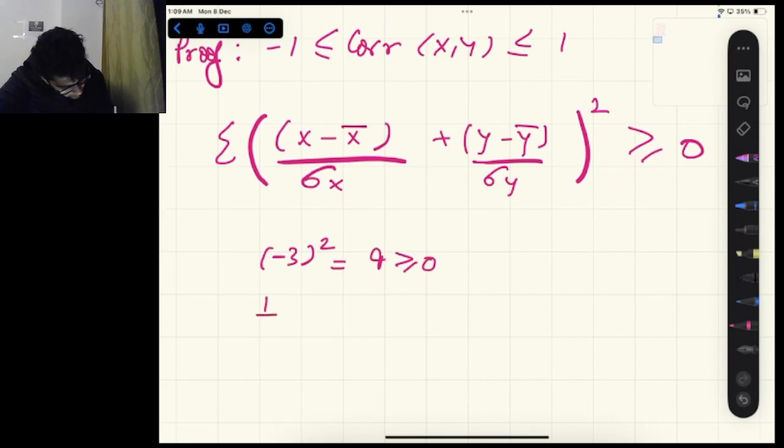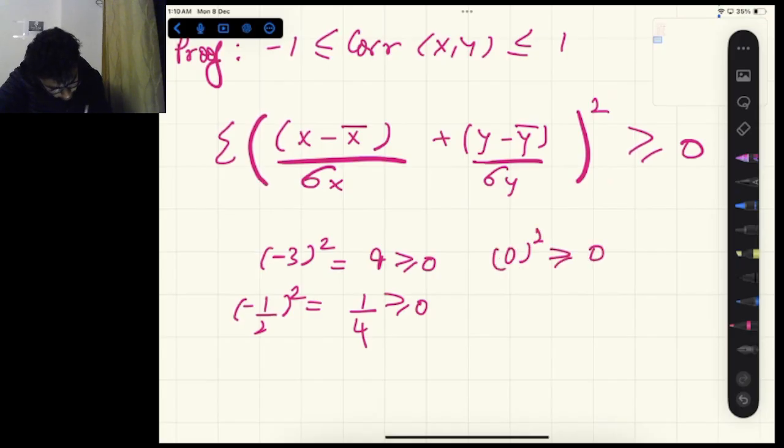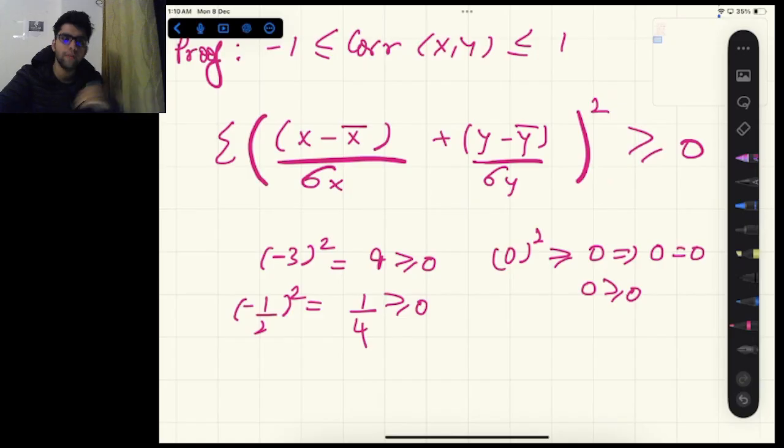If I square -half, I get 1/4, which is always greater than or equal to 0. If I square 0, I get 0 only, so 0 is greater than or equal to 0. So every time you square something, you always get something greater than or equal to 0. Based on this fact, I'll use this term to show you why correlation lies between -1 and 1.